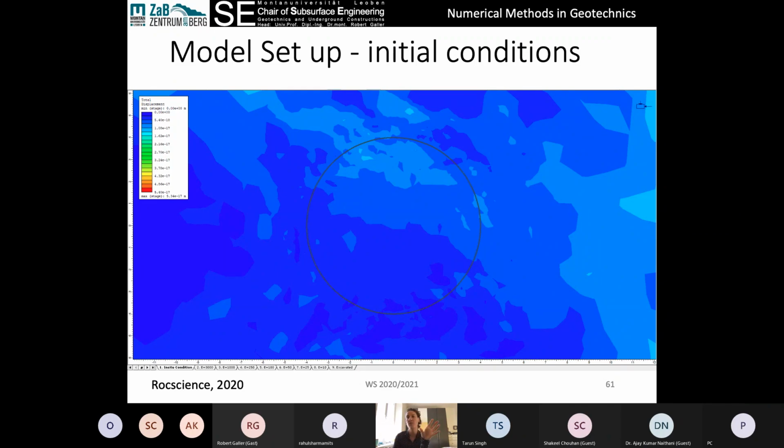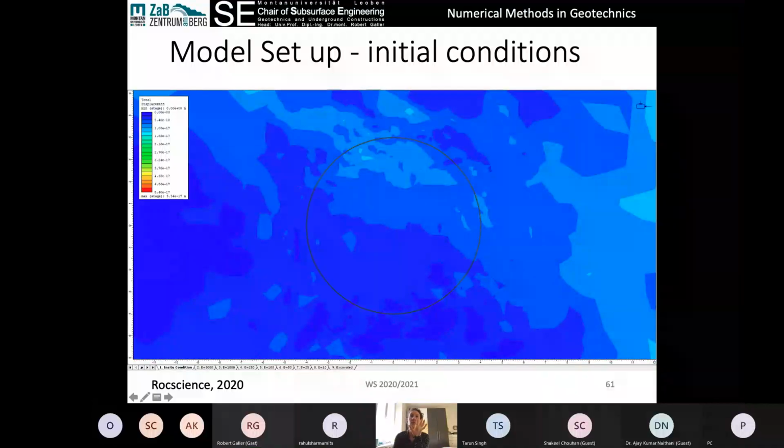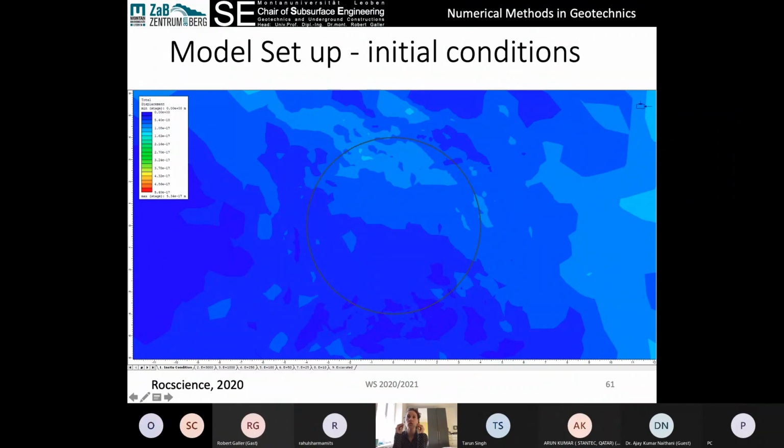So in FLAC, for example, there's a little piece of code that you would write that says reset the displacements, and it puts everything back to 0. So then you're actually in the true initial conditions. Your rock mass or your soil mass is as it should be, with all of the stresses distributed properly, but nothing has moved. And then you can start excavating. Then you can start doing something to it.